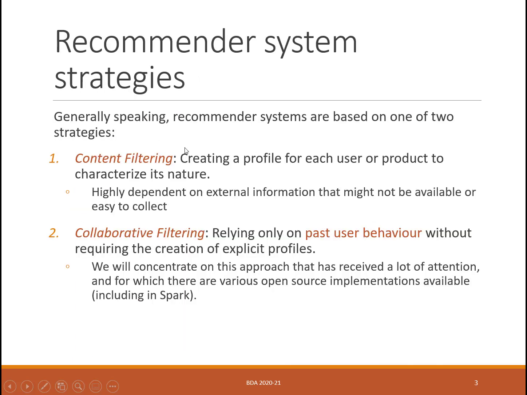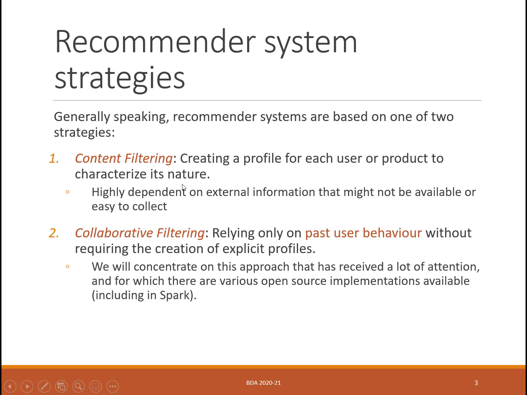Generally speaking, recommender systems use two main strategies: content filtering or collaborative filtering. In the content filtering approach, the system creates a profile for each user or product to characterize its nature. For example, a movie profile could include attributes such as its genre, the actors starring in it, and so forth.